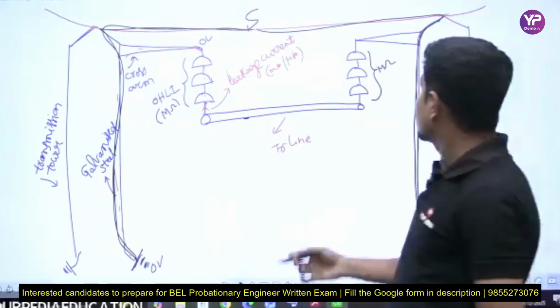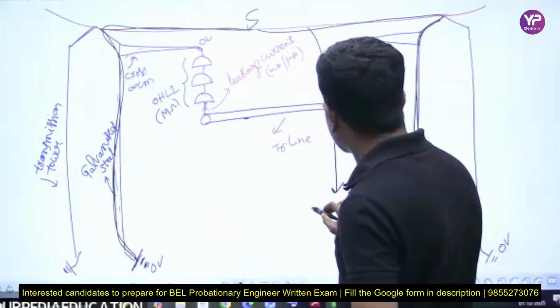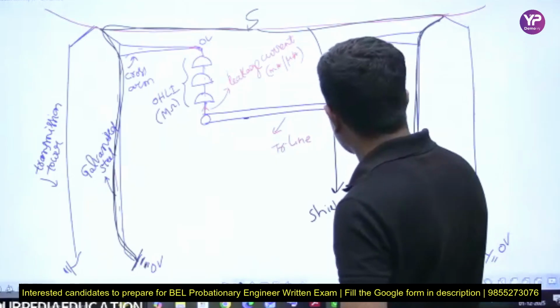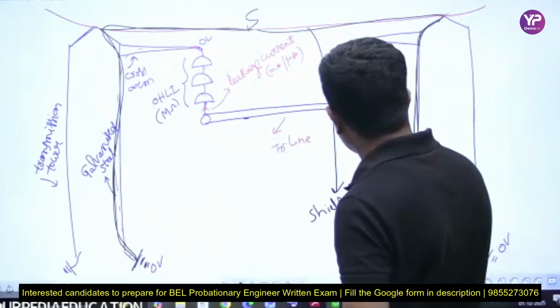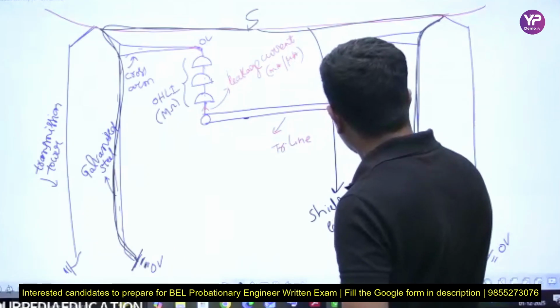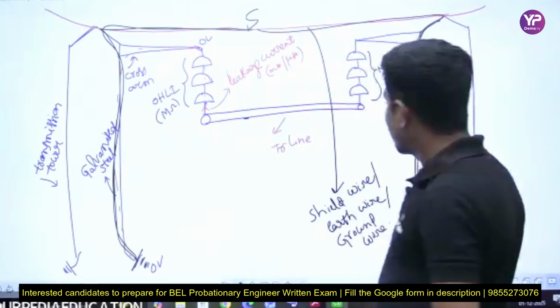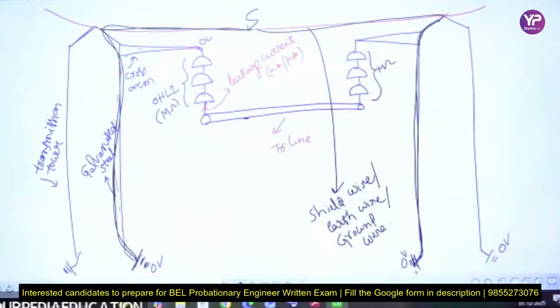So this wire, I want to write its name: this wire is called a shield wire, or earth wire, or it is also called a ground wire. Shield wire, earth wire, or ground wire, right?